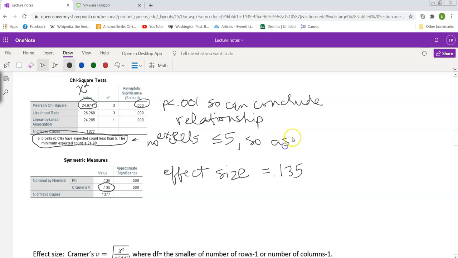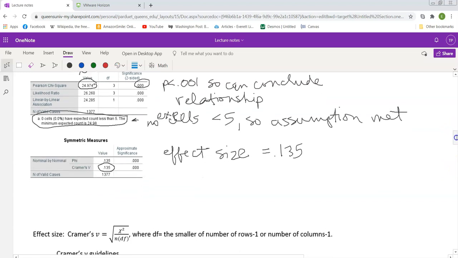So the assumption has been met. And I should say less than, not less than or equal to, because the assumption is that it was greater than or equal to 5, so less than 5 would be the violation.